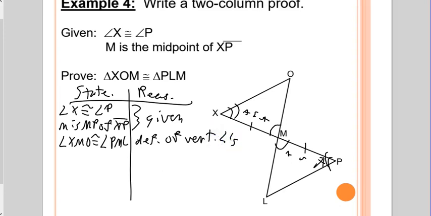I can abbreviate that. And I'm done. Except for saying the last one. Triangle XOM is congruent to triangle PML by ASA. And that's it.